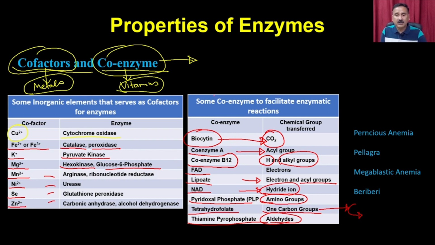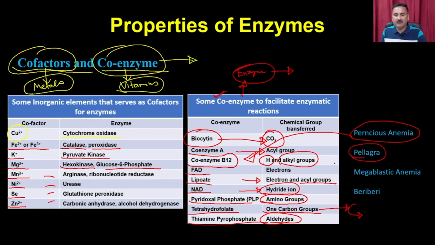And because these coenzymes are helping the enzymes, the enzyme cannot function optimally without them, and because of that the deficiency of the coenzymes or the cofactors leads to different types of disease. For example, you can have pernicious anemia if there is a deficiency of vitamin B12, you can have pellagra if you have a deficiency of other vitamins.